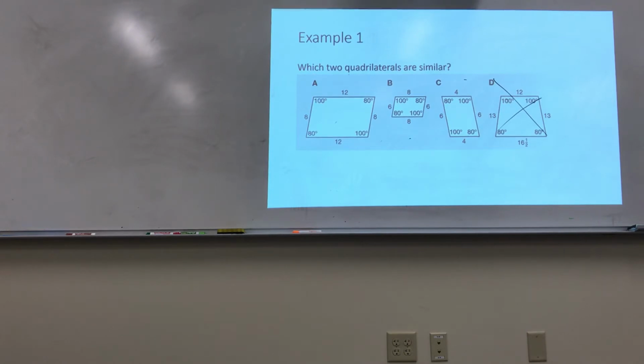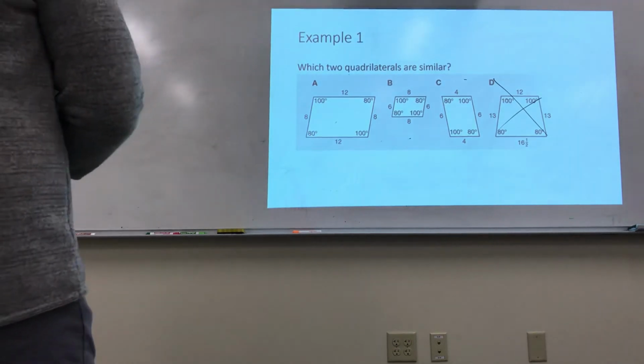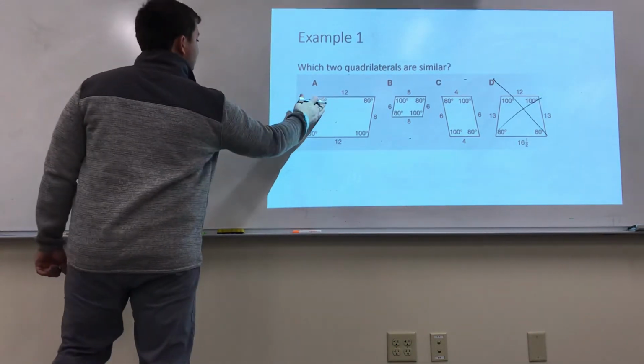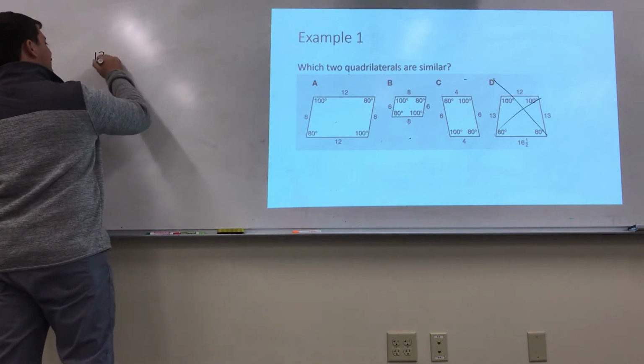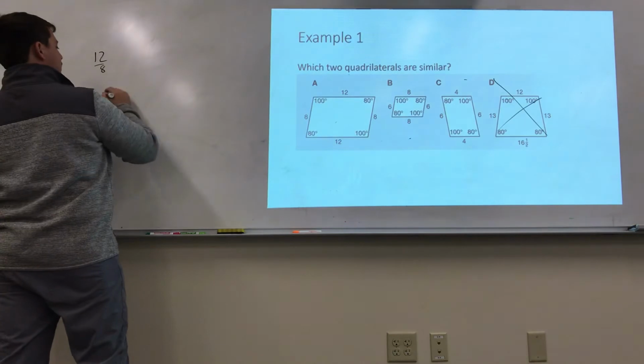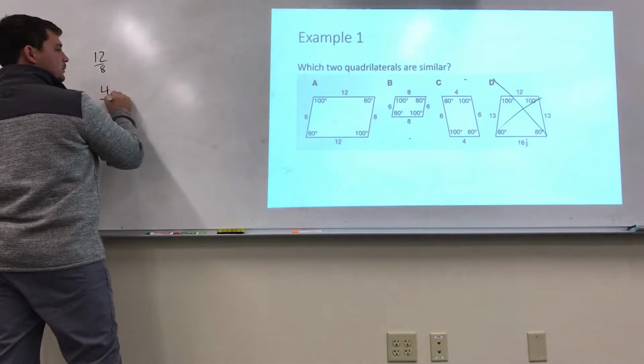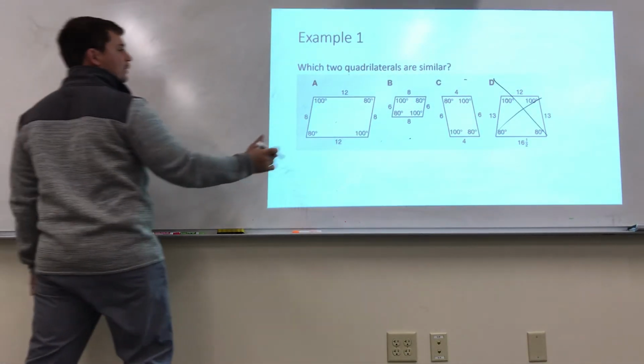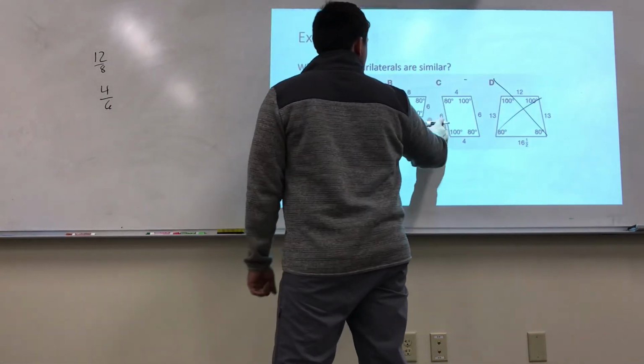Okay, so let's do proportions. This side is 12 over 8. This over that. We're also going to have 4 over 6, because that would be the top once again, over the side.